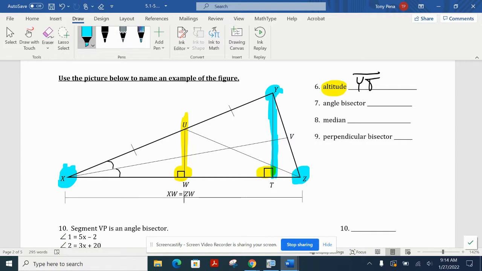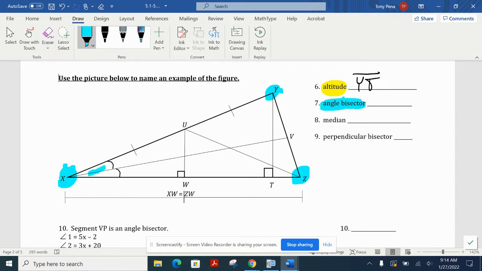All right, angle bisector. Again, just sort of understand what this is saying. We want to bisect an angle. So we only have 3 angles to really concern ourselves with. It's these 3 vertices here, X, Y, and Z. We have stuff extending from all 3 of them, but we don't ever guess, don't assume, we need to know that we are bisecting it.